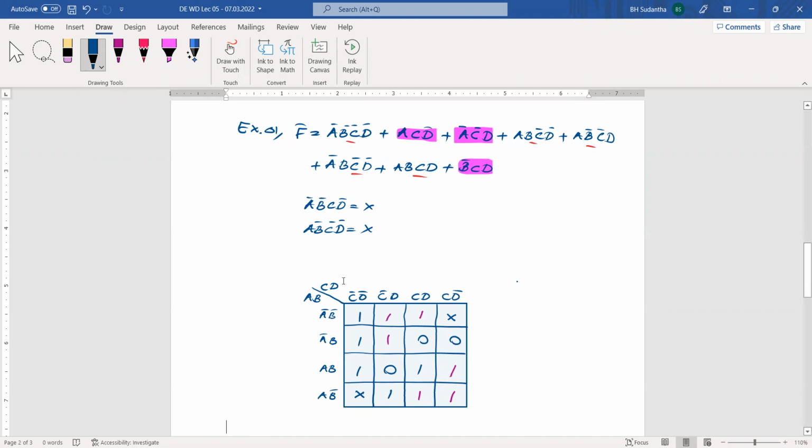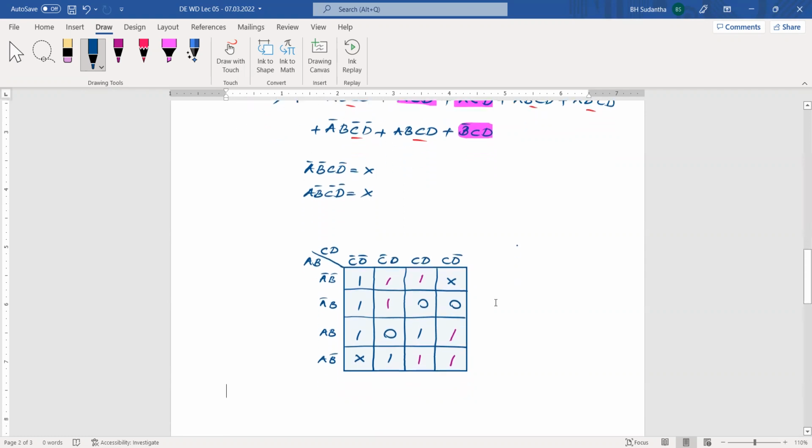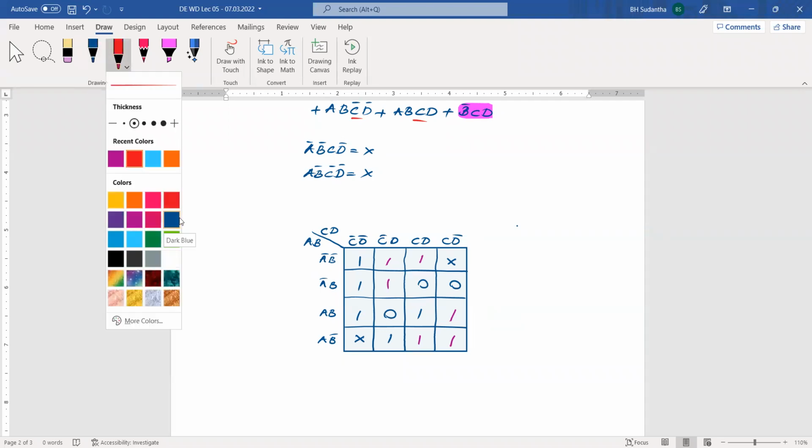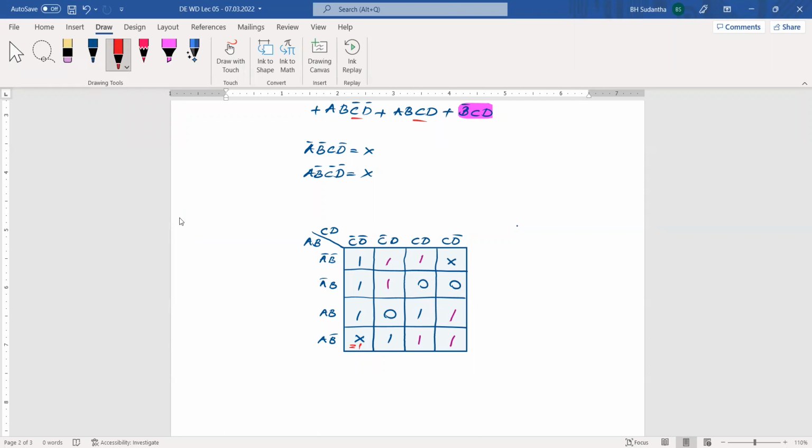Here, I think you can see, if you consider this X as 1, then we can cover this one or this one like this.